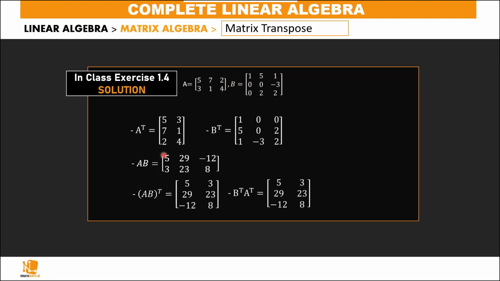Next, for the first row, second column, we have 5 times 5, which is 25, plus 7 times 0, which is 0, plus 2 times 2, which is 4, so we have 25 plus 4, giving us 29.